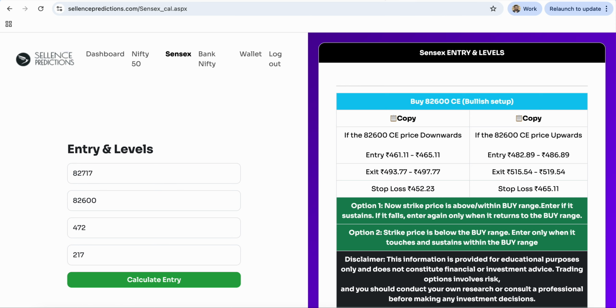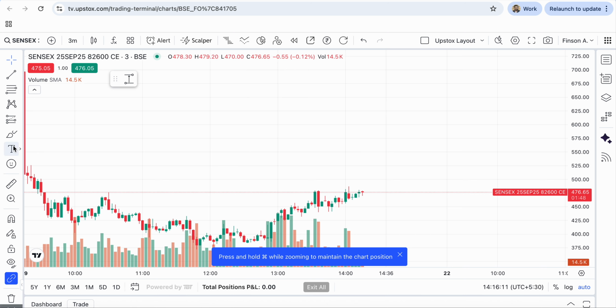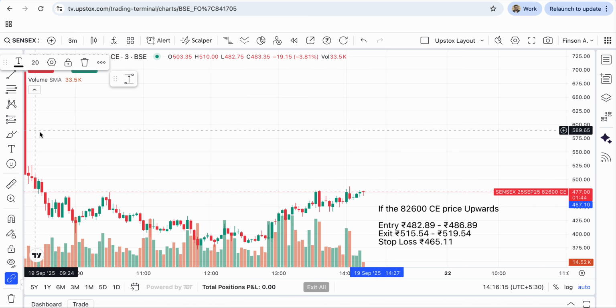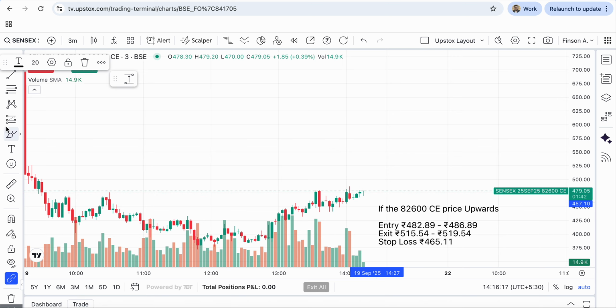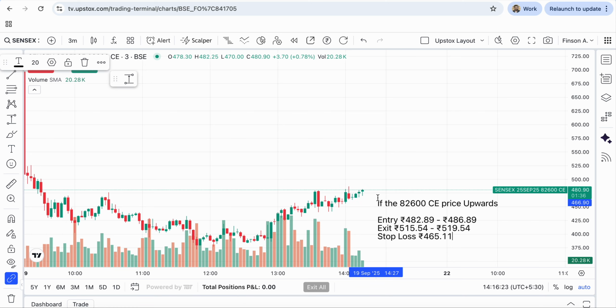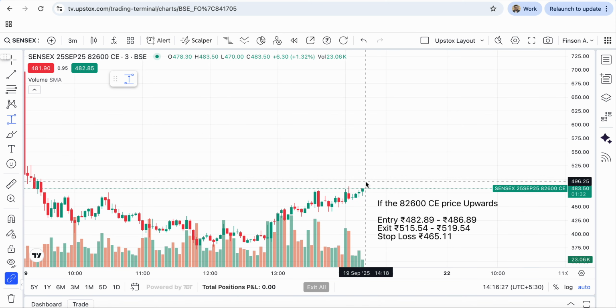Select the copy button, then click here, then paste here. And then we draw. Here, between this range.